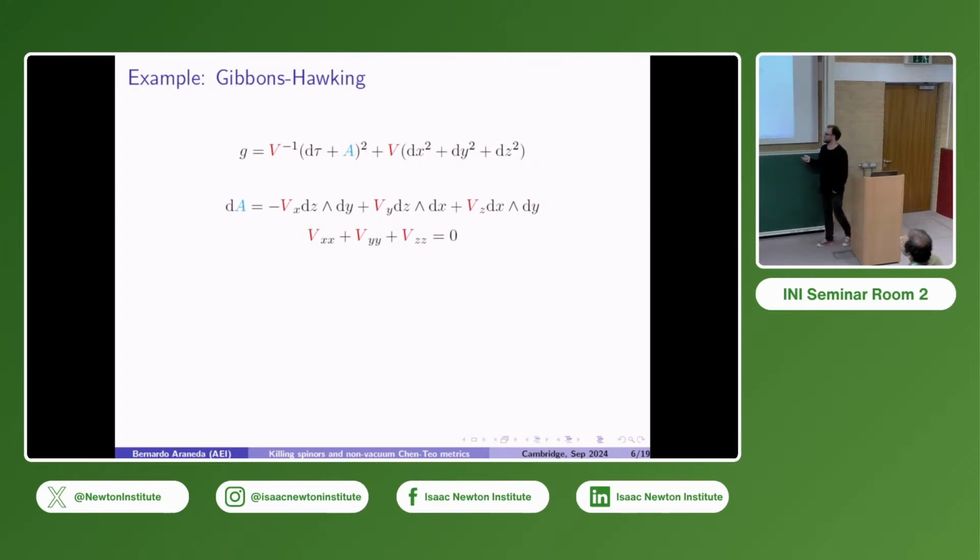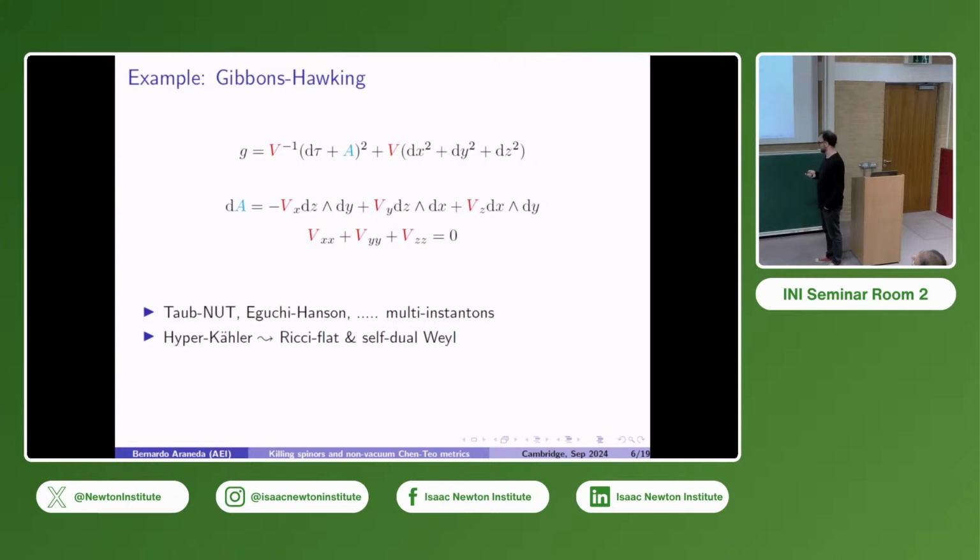The point is that this Gibbons-Hawking ansatz includes many interesting examples, such as Taub-NUT, Eguchi-Hanson, or more generally all the multi-instantons are particular instances of this construction. This class of metrics is hyperkähler.